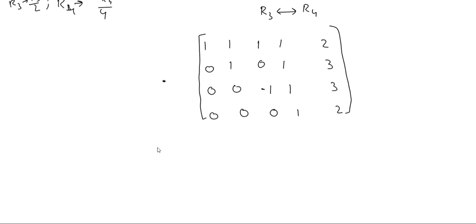Now from this equation, here is a minus 1. R1 becomes R1 minus R2: 1 minus 0 is 1, 1 minus 1 is 0, 1 minus 0 is 1, 1 minus 1 is 0, 2 minus 3 is minus 1.